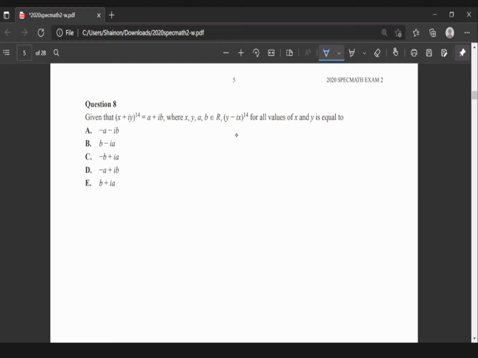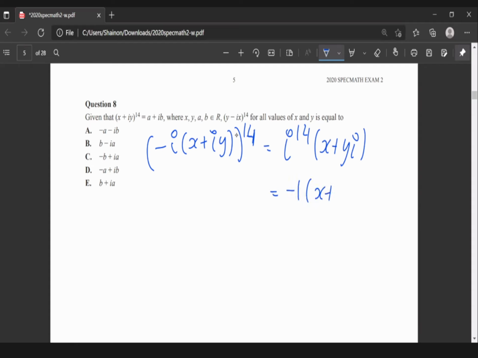So x plus iy is going to equal to negative i times x plus yi to the power 14, is equal to i to the power 14 times x plus yi, which is equal to negative 1 times x plus iy, which is going to be negative a negative bi, which is option A.